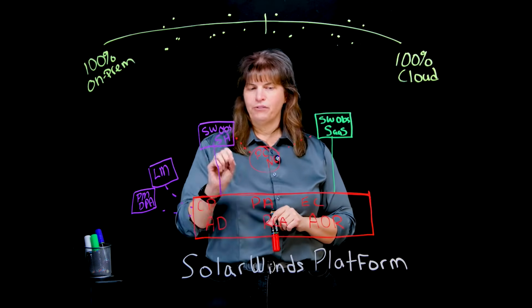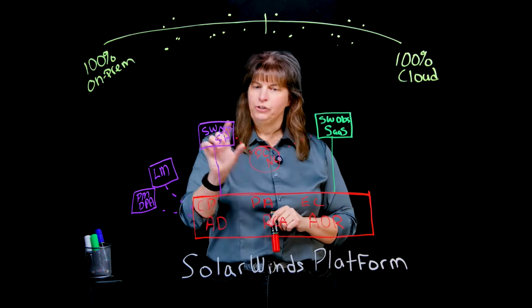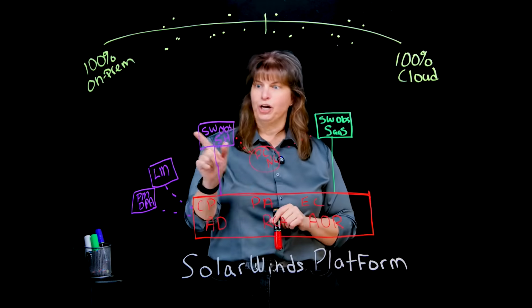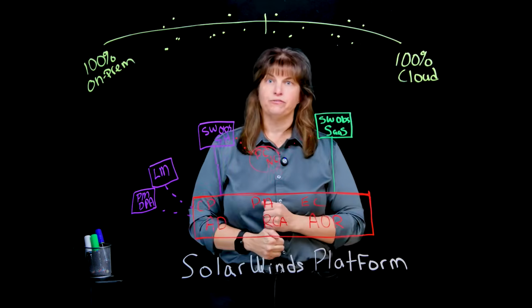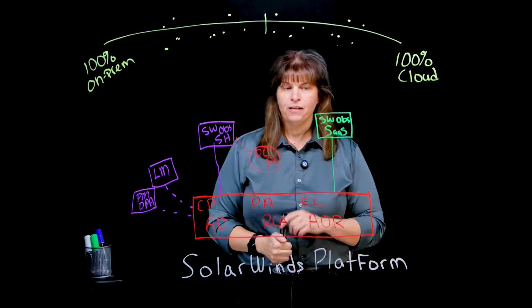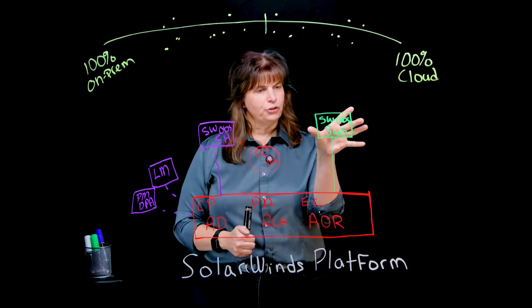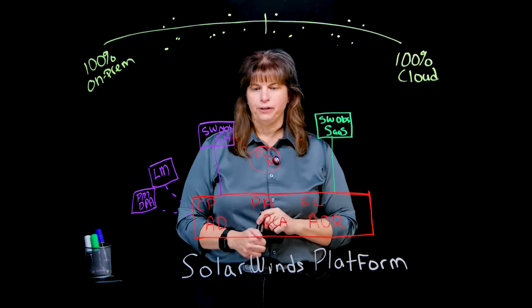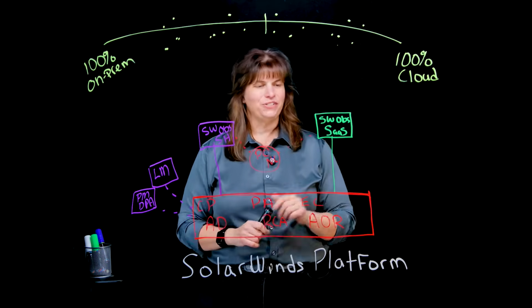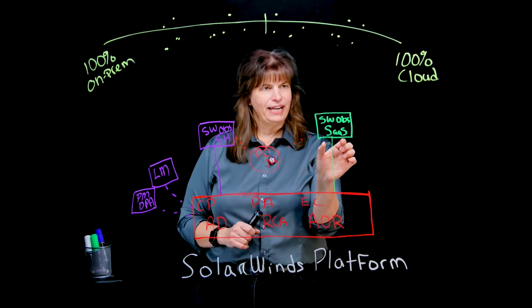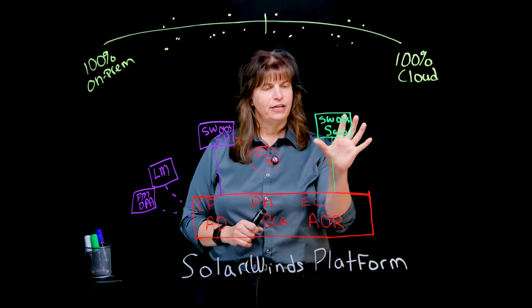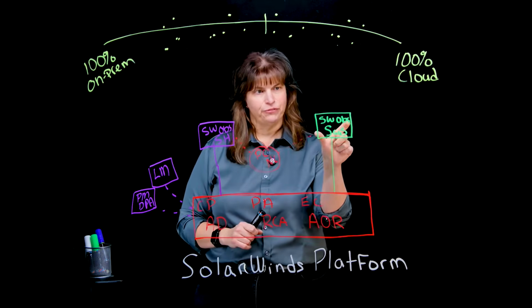So if you want anomaly-based alerting, you can use Platform Connect to use anomaly-based alerting in your Observability Self-Hosted environment. So it allows you to keep an eye and see what's going on with your entities, but also use anomaly-based alerting.